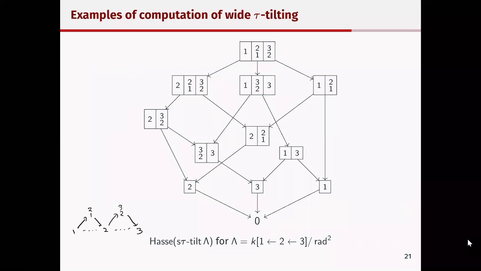This is the Hasse quiver of support tau-tilting modules for this Nakayama algebra. This is also the Auslander-Reiten quiver, and this is the support tau-tilting poset. Consider, for example, this U and this T, which give an ICE interval.